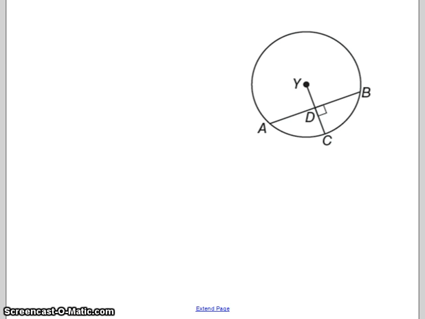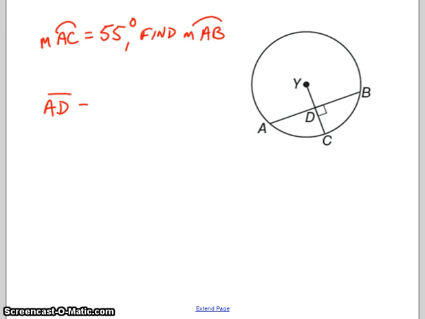Okay. Well, we're going to say the measure of arc AC is 55 degrees. Find the measure of arc AB. And then we're going to do AD equals 8. Find AB.